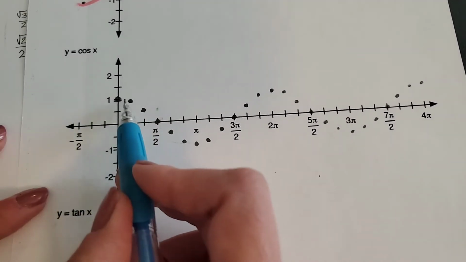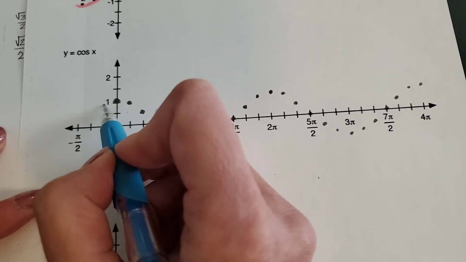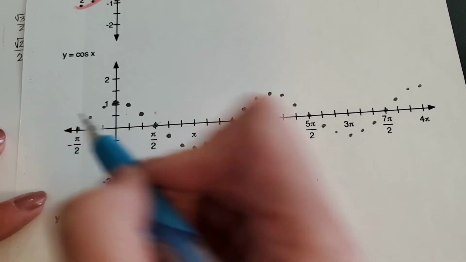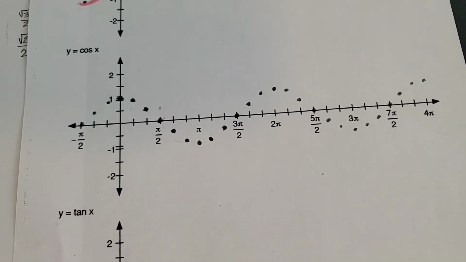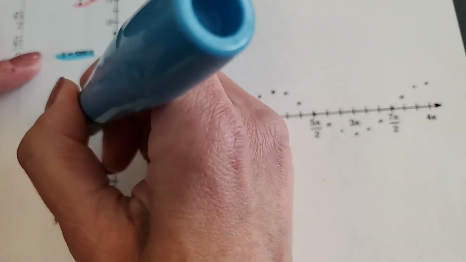I can also go backwards. It's easy to see here I was at a maximum, so I need to be headed down. All right, and there is the cosine curve. I'm going to highlight this one in blue.